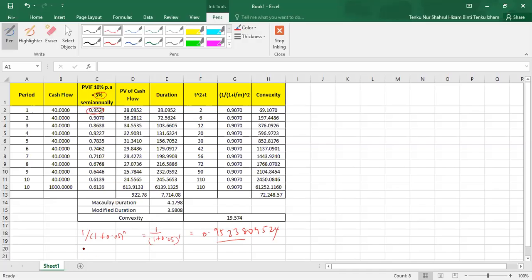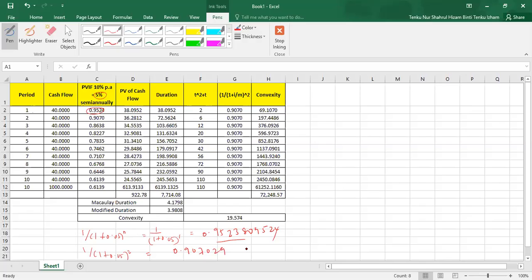So how about the present value interest factor of interest rate 5% for the second period? You repeat the process: 1 divided by 1 plus 0.05, with n equal to 2 periods. Therefore, you can see that the present value interest factor is around 0.907029.